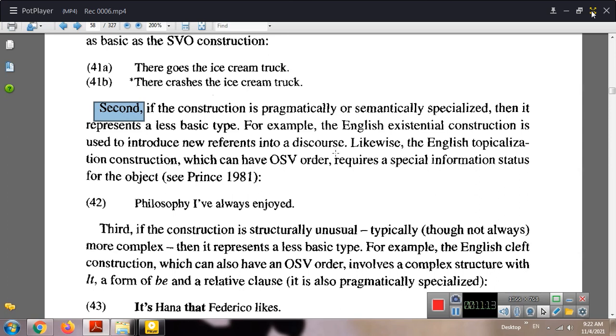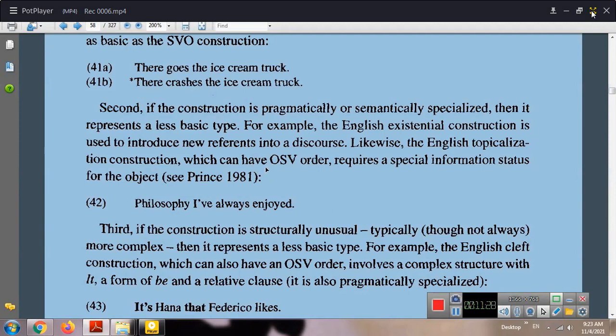Likewise, the English topicalization construction, which has object, subject, verb order, is against the English basic word order. In topicalization, we have object, subject, verb order.